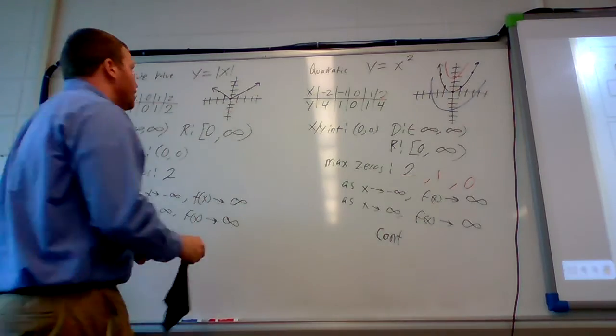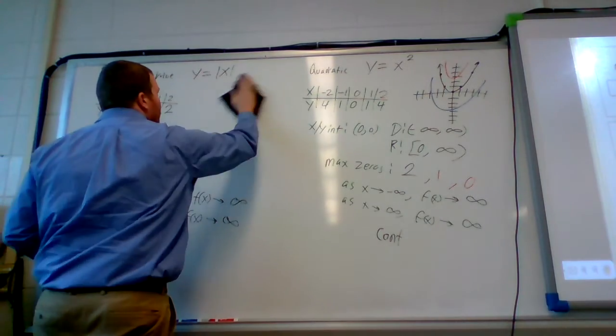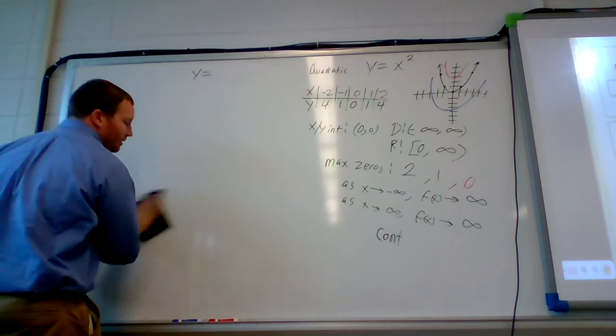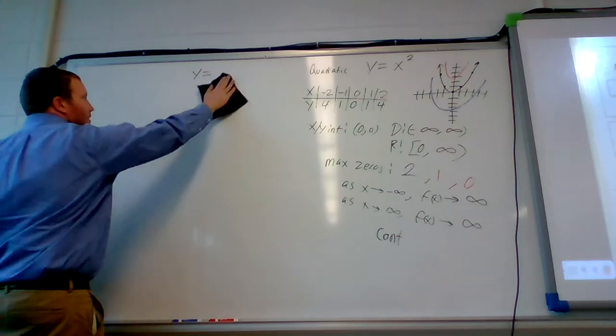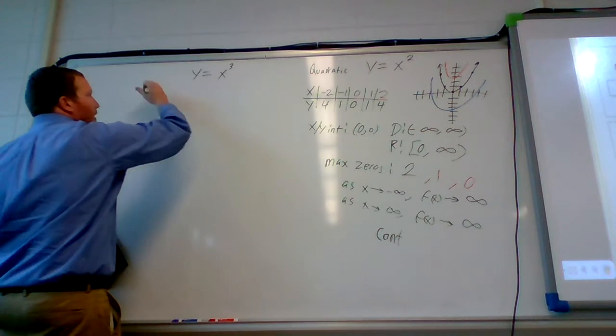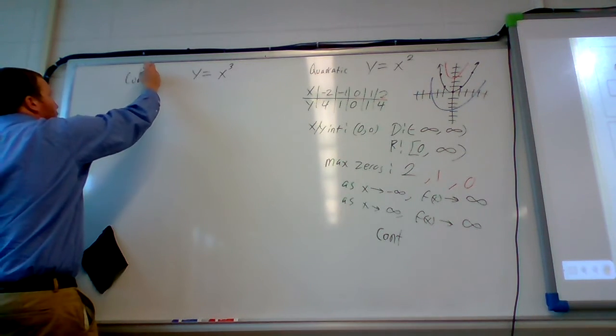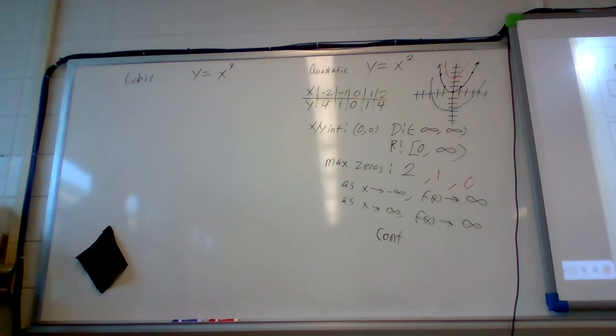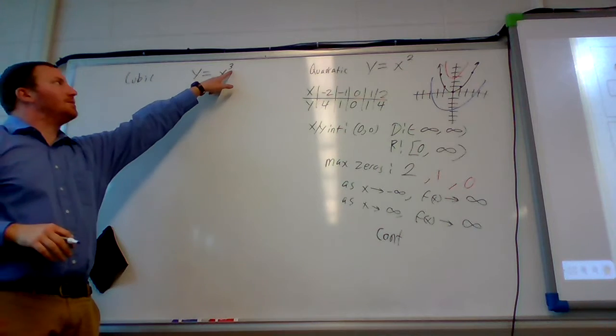Let's look at our cubic function. So anybody know what the equation of our cubic function is going to be? X cubed. Right? We're not very creative as math people, so we call things generally what we call them. So cubic is x cubed, or x to the 3rd power.